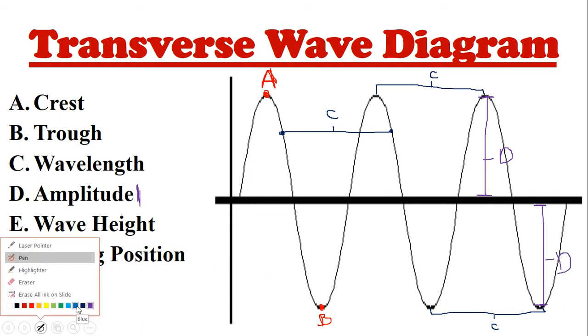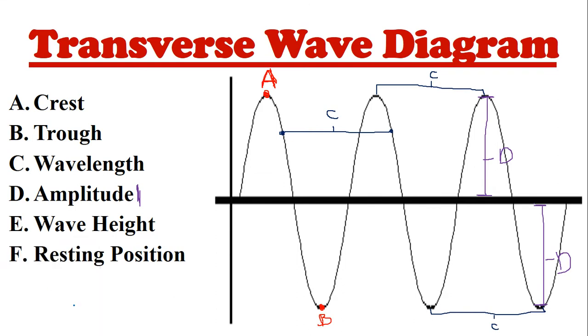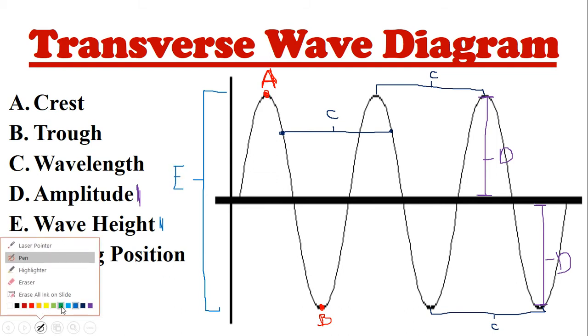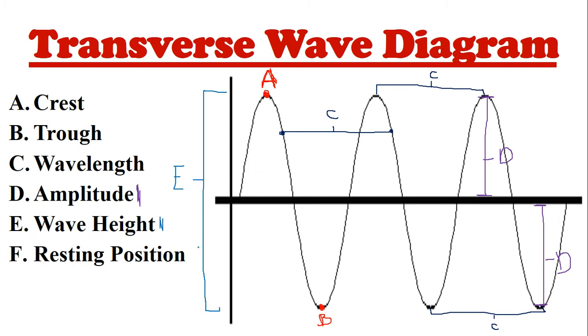All right, new color. Wave height. Wave height is from crest to trough. That is wave height. And then the last thing I need to label is the resting position.